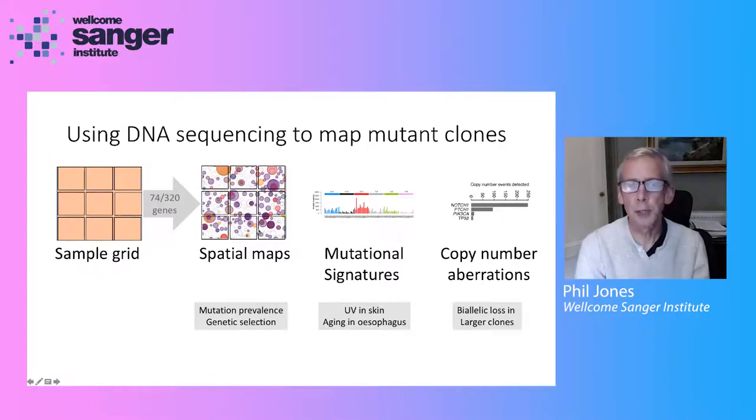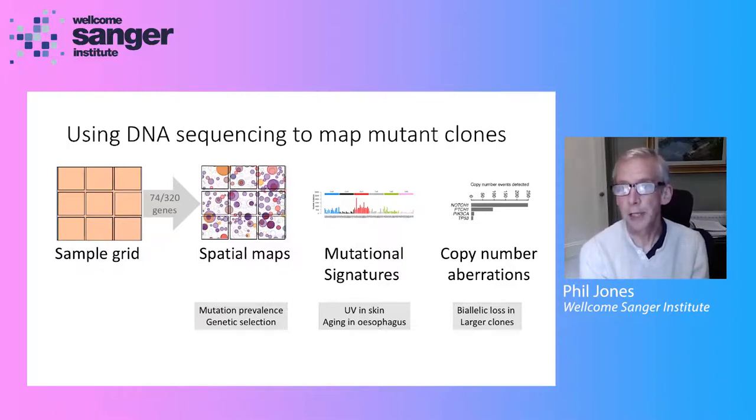Using that data, we could firstly construct spatial maps, connecting clones that span different grid squares and essentially producing a physical map of mutations as you see here. And this data also gives us information on mutation prevalence and on genetic selection, which I'll come back to in a moment.